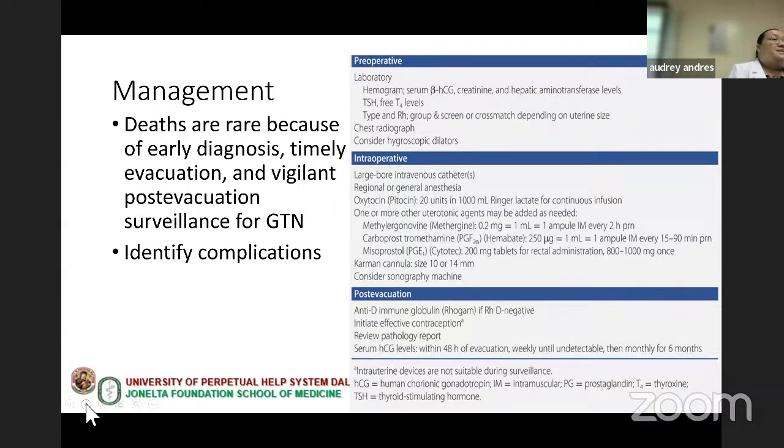Deaths are rare now because of early diagnosis, it's evaluated timely, and because of surveillance for the progression of GTN and our ability to identify complications early on. So these would be your preoperative, intraoperative and post-evacuation workup.